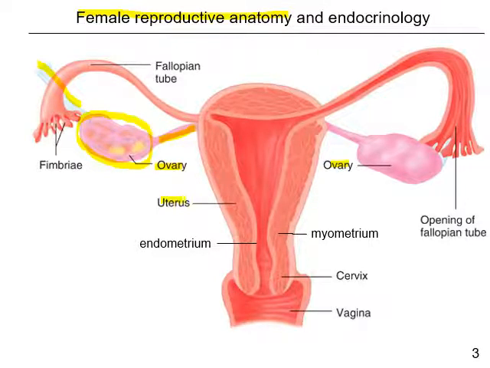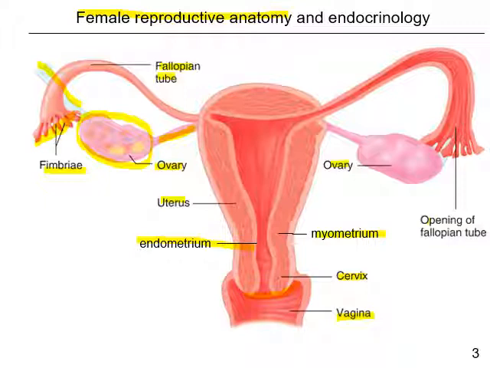The uterus, with its inner lining of endometrium and its muscular layer of myometrium, smooth muscle, very important for childbirth, for labor and delivery. The base of the uterus is the cervix, as I've said before, connected to the vagina. The fallopian tubes at the end have structures called fimbria.